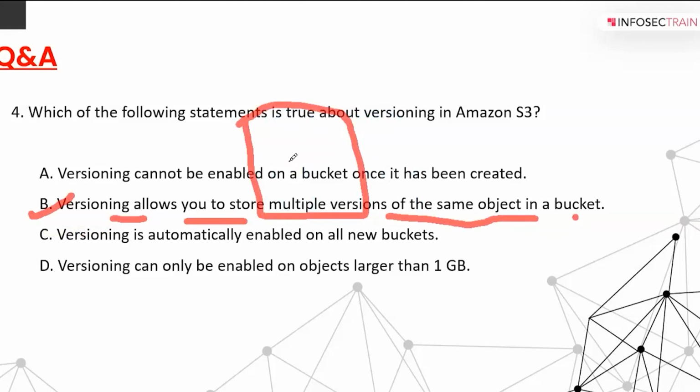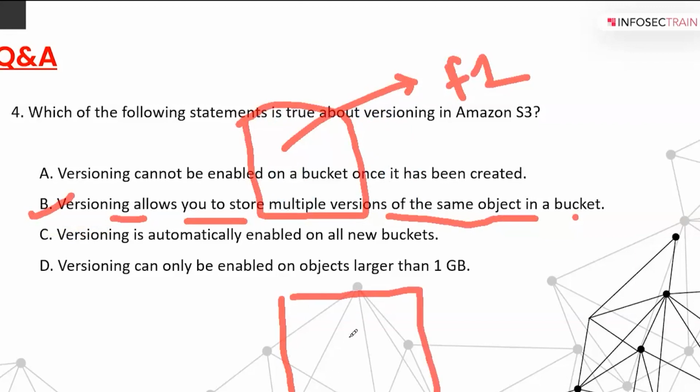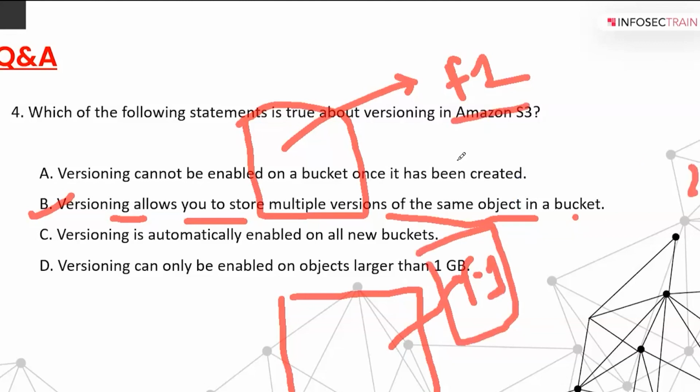You have a file F1, and then you made some modification in this file. Versioning lets you hold this file with the same name, F1 and F1. It's kind of a complex thing, but that's what versioning lets you do.